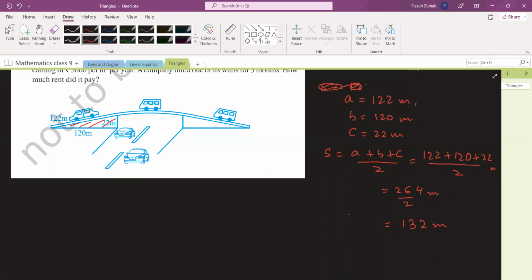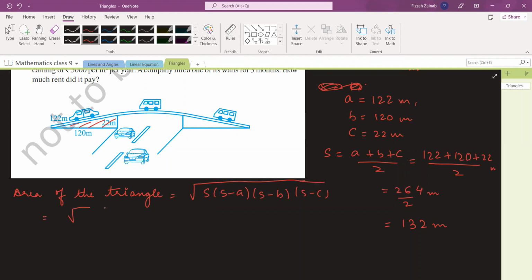Okay. Now you have to find the area of the triangle. From Heron's formula, we have the square root of s into (s minus a) into (s minus b) into (s minus c), right?